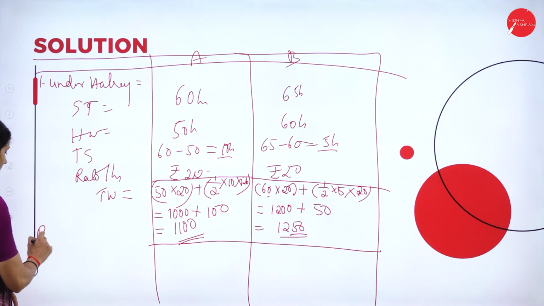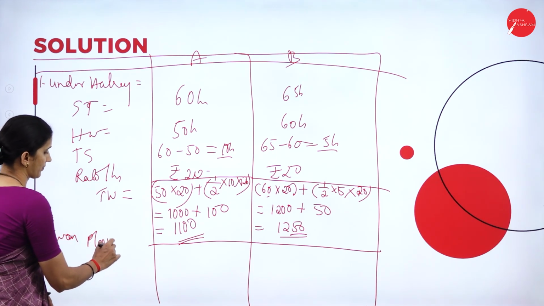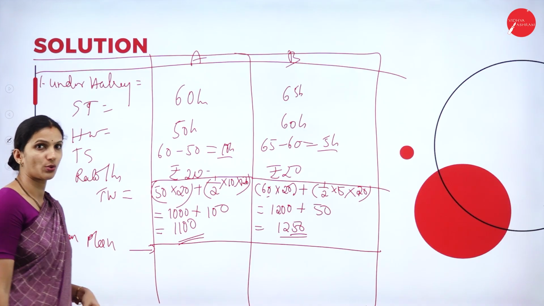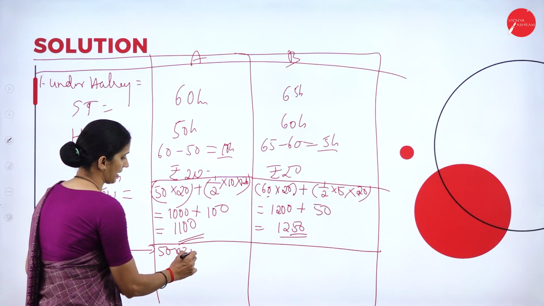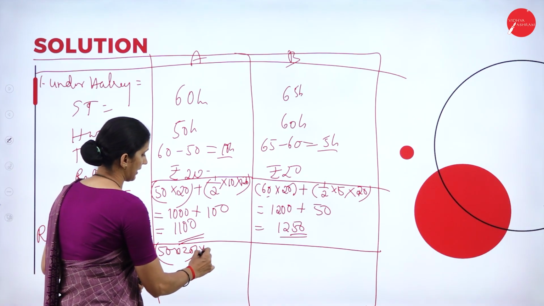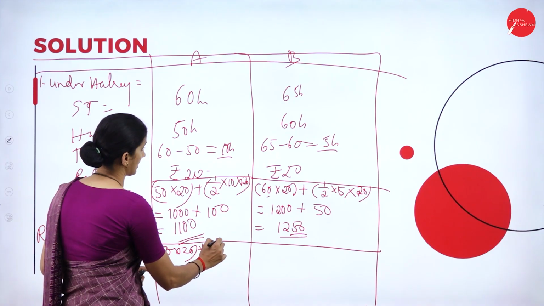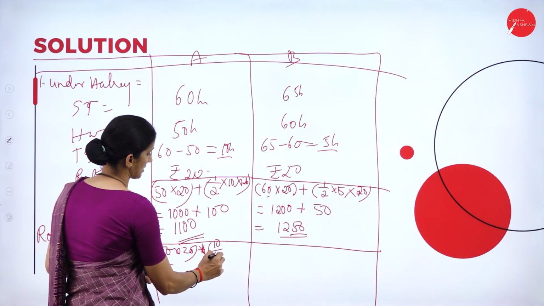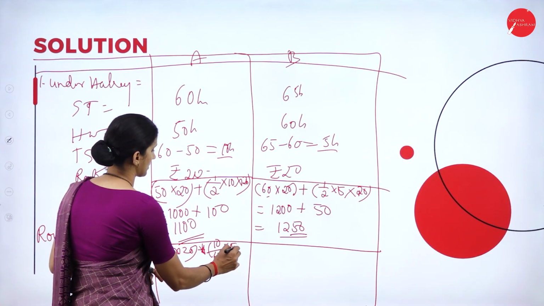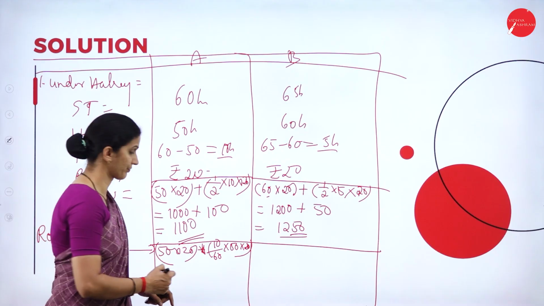Next we need to calculate under Rowan's plan. So how do we calculate under Rowan's plan? First we take hours worked into rate per hour, plus your bonus, that is based on time saved, 10 hours, divided by standard time, 60, into hours worked, 50, into rate per hour, 20.